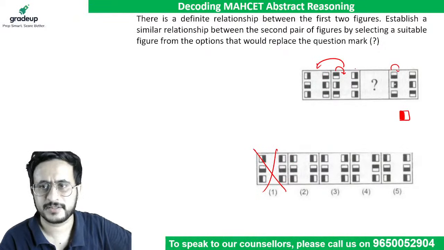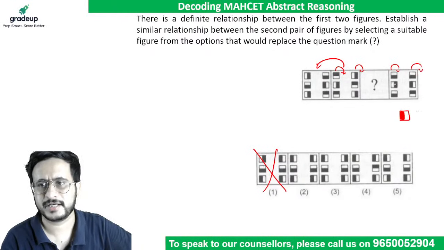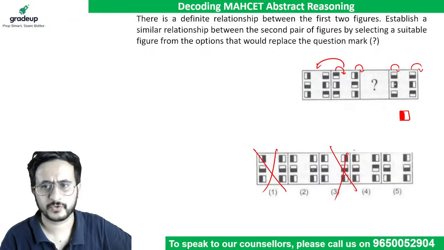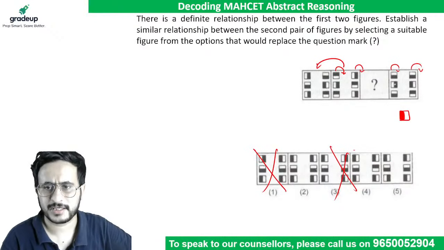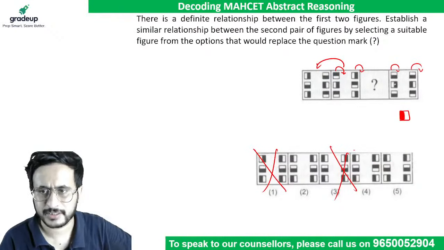Now this thing, if you notice, is again rotation in this side. So rotate it this side. If you rotate it this side, you will see that again this kind of shape you should get. So this eliminates option 3. So you are left with 3 more options. Now this element is common in all 3 options, so do not check for this movement.